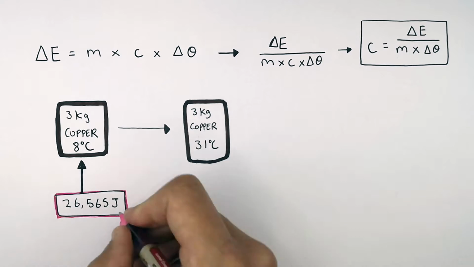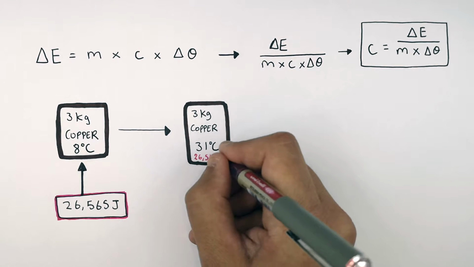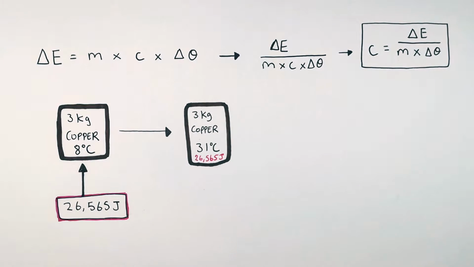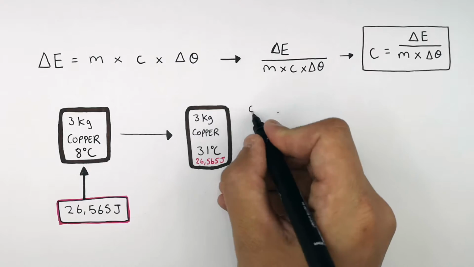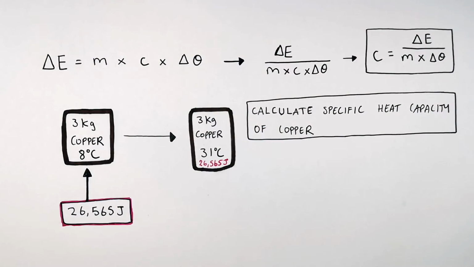Because 26,565 joules of energy were transferred into the thermal energy store of the 3 kilograms of copper, we can use this information to calculate the specific heat capacity of copper, whereby we can work out the number of joules required to heat 1 kilogram of copper by 1 degree Celsius.